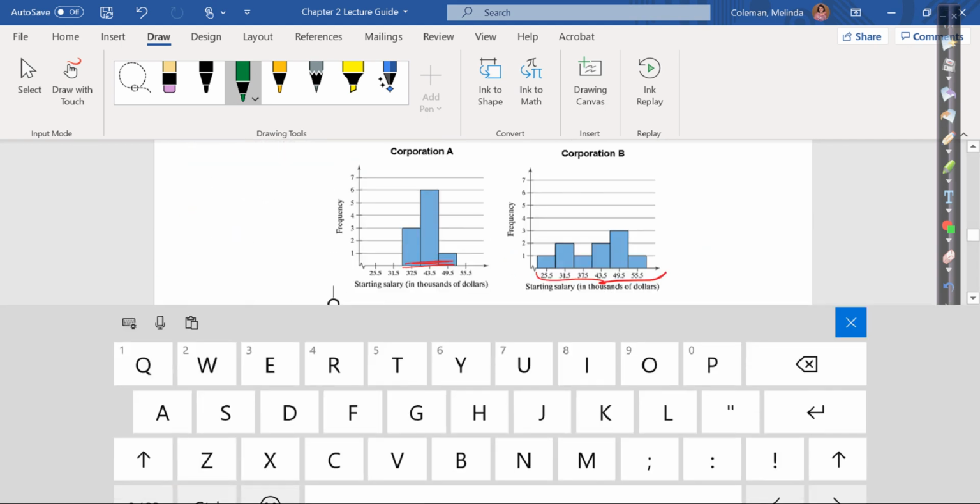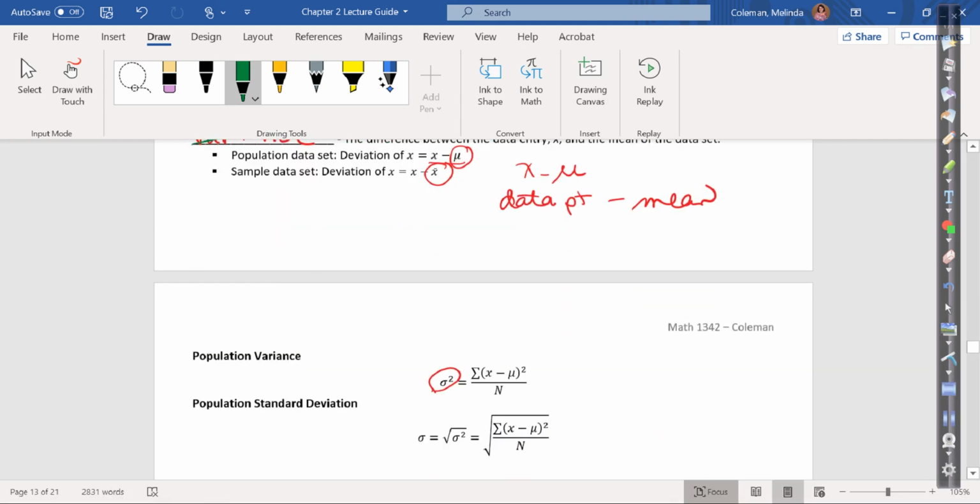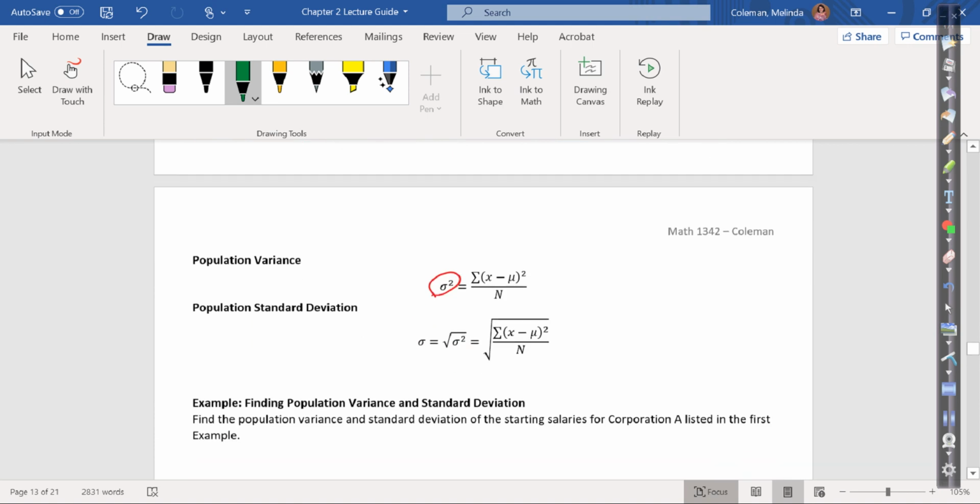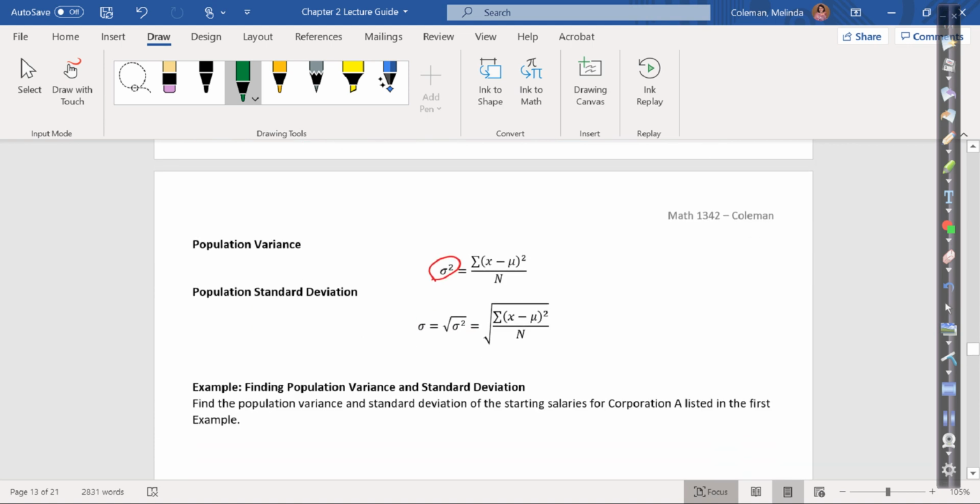Right? So the population variance then says that we have, again, this Greek letter, which is sigma, only this is lowercase sigma. Remember that this was uppercase sigma, this is lowercase sigma. And the variance is sigma squared.